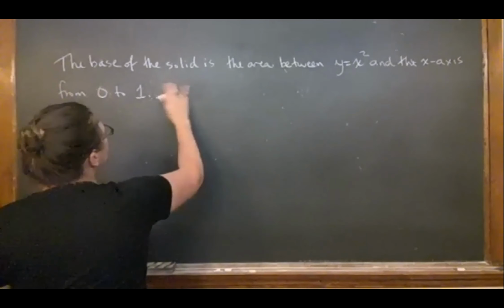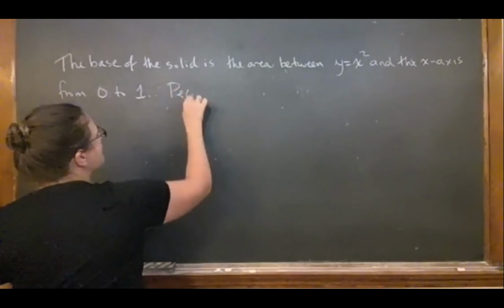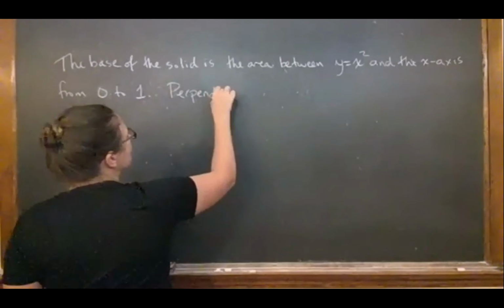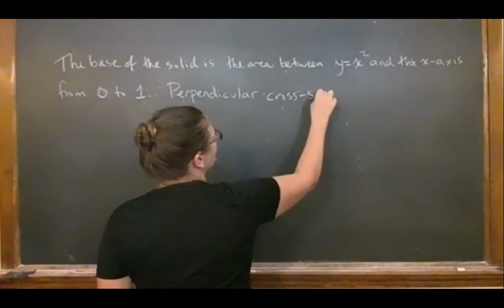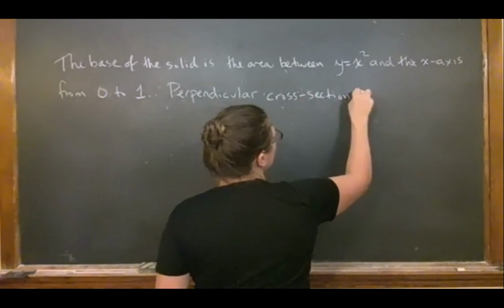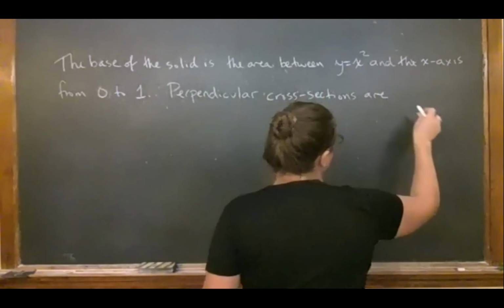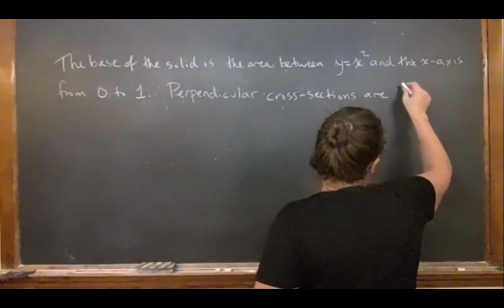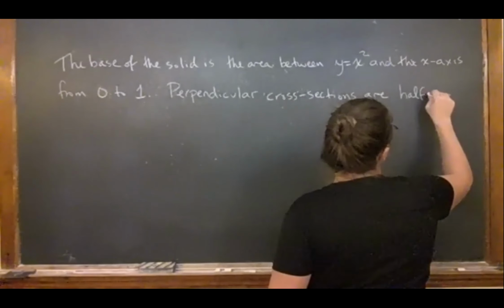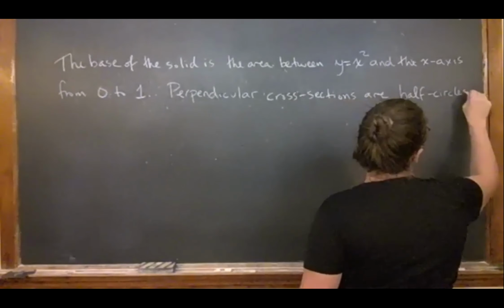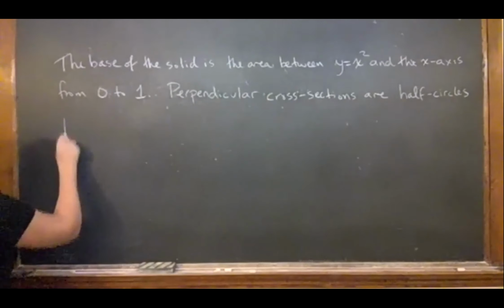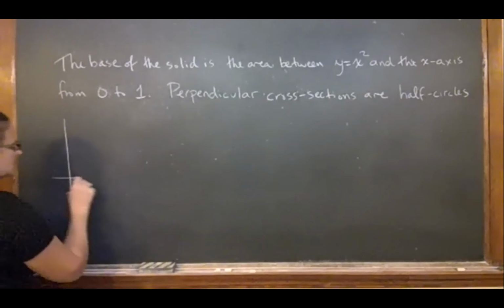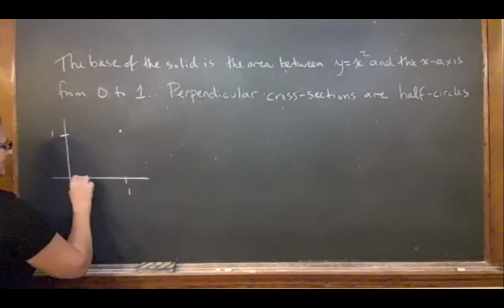The perpendicular cross sections are, I don't know, half circles, right? Okay, so the base was just this.